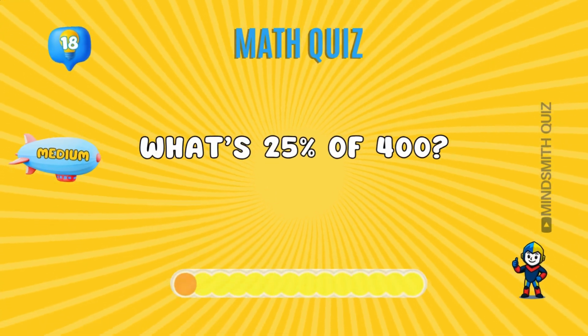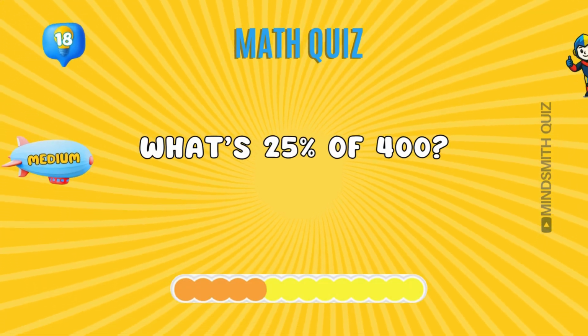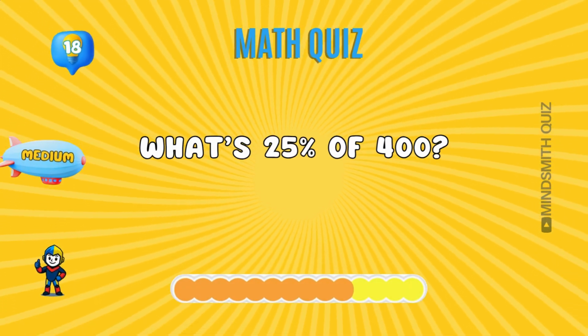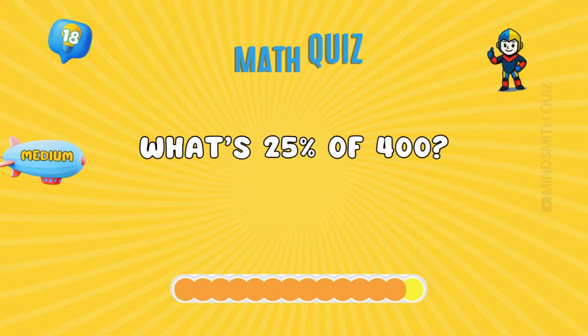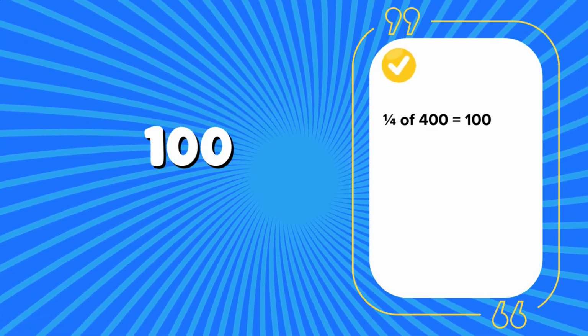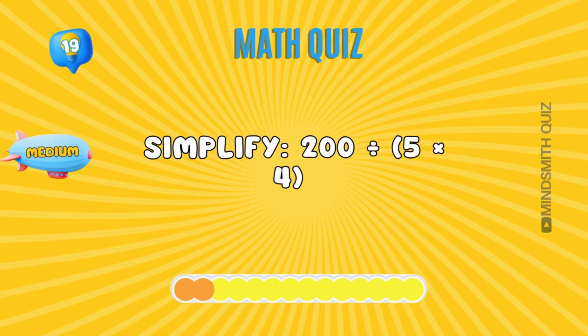What's 25% of 400? It's 100. Simplify. 200 divided by 5 times 4.